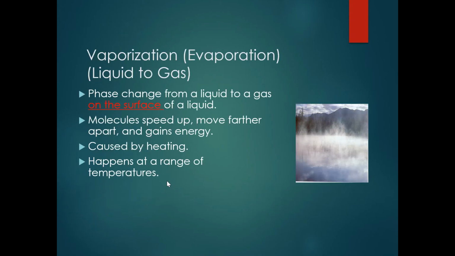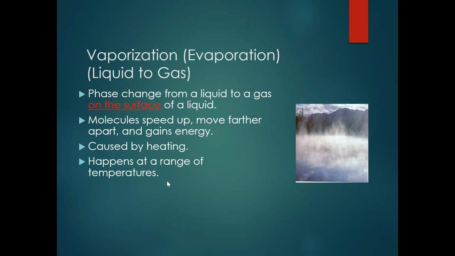Let's talk about the other end, liquids and gases. So the phase change that goes from a liquid to a gas is called vaporization. Now, there's two different types of vaporization. There's evaporation and there's boiling. Evaporation is when it goes from a liquid to a gas, but it doesn't have to be above the boiling point.